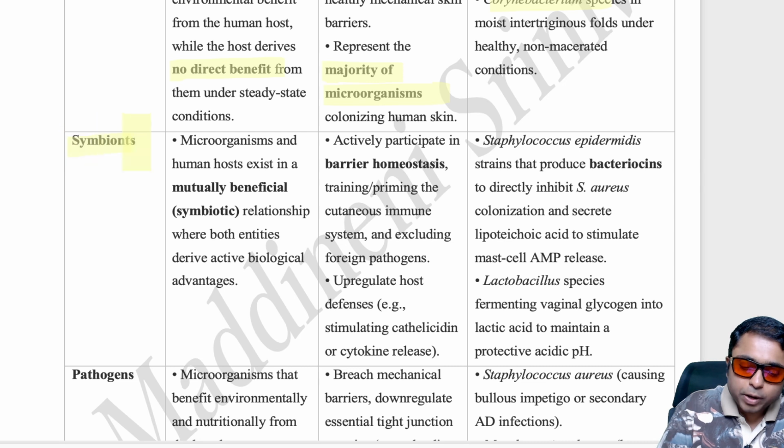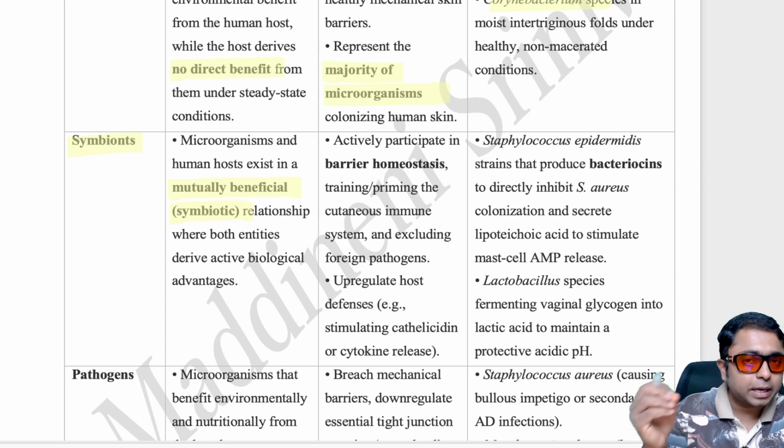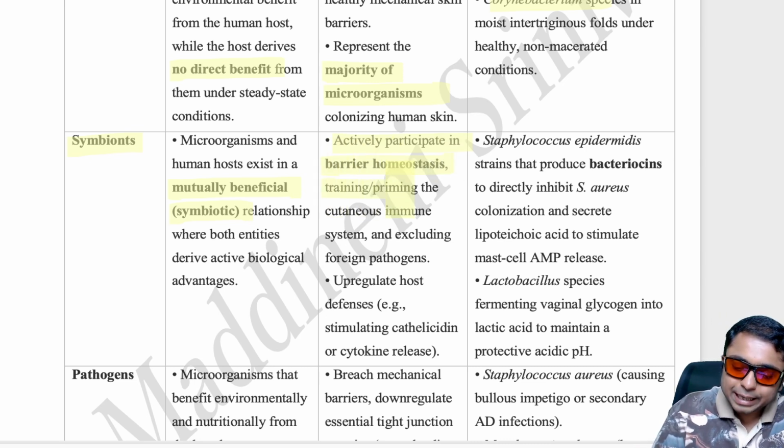Next is symbionts. These have a mutually beneficial or symbiotic relationship with the host, the person on whom they are living, and they actively participate in barrier homeostasis. They also train and prime the cutaneous immune system of the individual, and they exclude foreign pathogens.